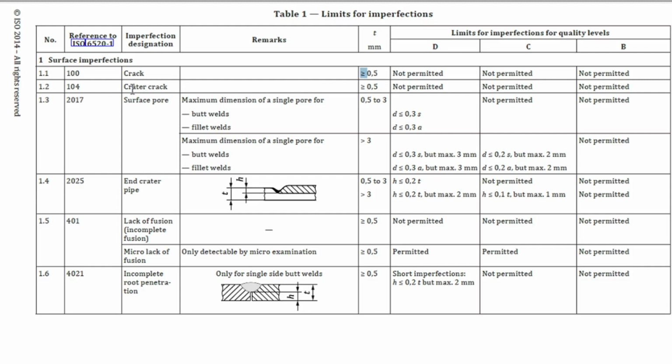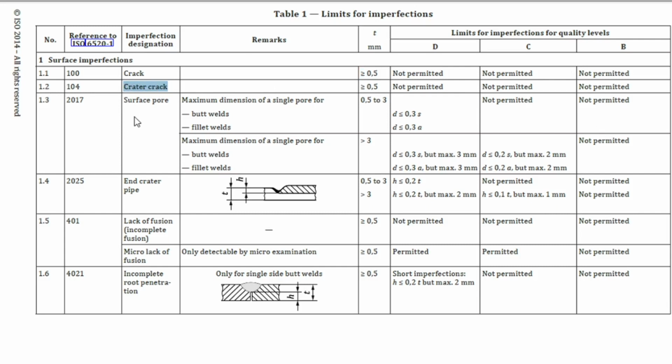If we find a crack at any time, for all the quality levels it is not permitted. We cannot accept a crack. This is the same for all: not permitted, not permitted, not permitted. Second is the crater crack. We already know what a crater crack is.